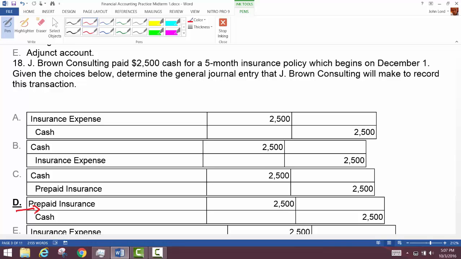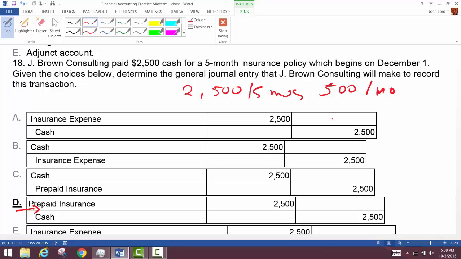Okay, let me ask you this. $2,500 divided by 5 months. What's that, 500 a month? Okay, so what journal entry should I make on December 31st? I've used up a month of that, haven't I? What journal entry should I make on December 31st? Well, do I still have $2,500 of prepaid insurance?